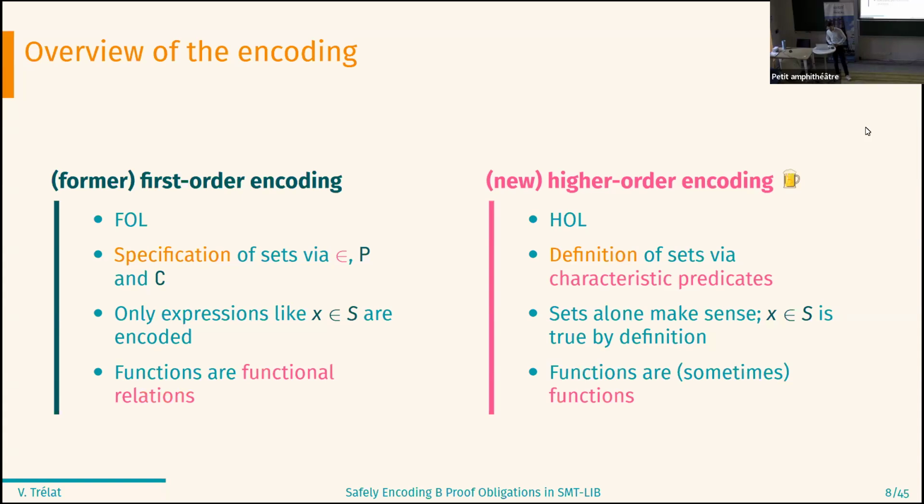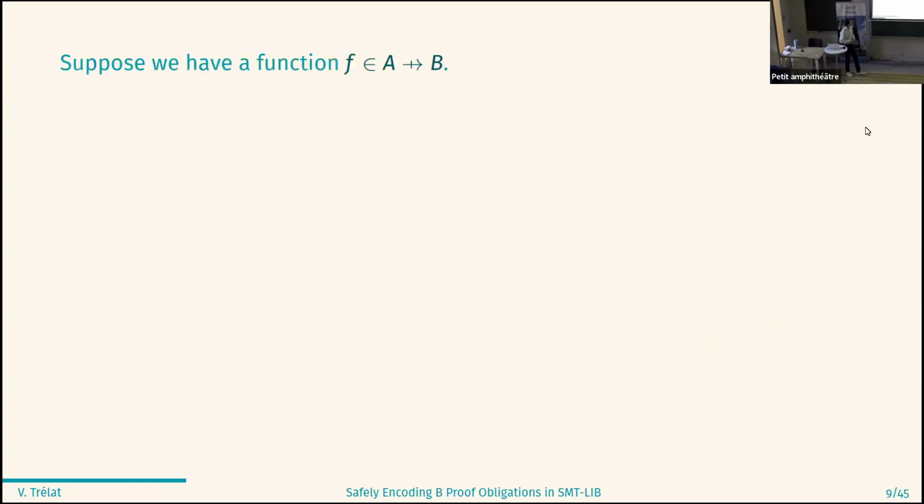And finally, the last difference between both encodings is that in PP-Trans SMT, functions are mathematical functions. So they're functional relations, just as they are in ZFC set theory. Whereas in my encoding, I tried to encode functions as programming language functions when I can, so sometimes. Again, an example of this: suppose we have a function f, a partial function from set A to set B, so this is the B notation.